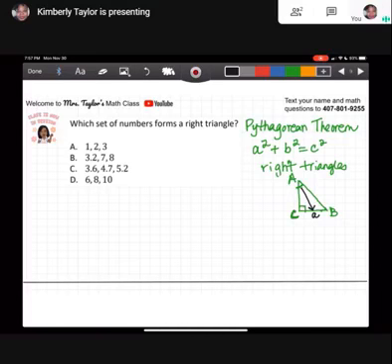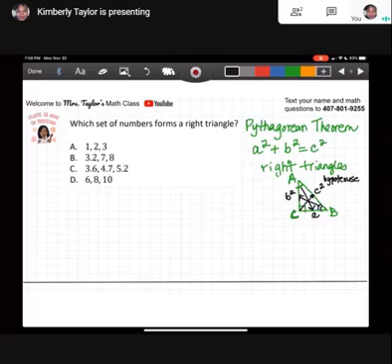And then this is B, and the opposite side is here, you label that lowercase b. And then across from C is lowercase c, which is the hypotenuse, okay? Y'all remember this stuff? Hypotenuse.